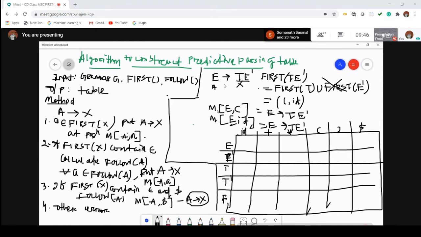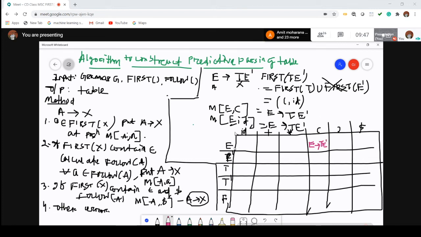Now let us take the first one. What is the position? The position equals E and left parenthesis. So in this cell, where the value equals E and the column is left parenthesis, I have to put which production? E to T E dash.